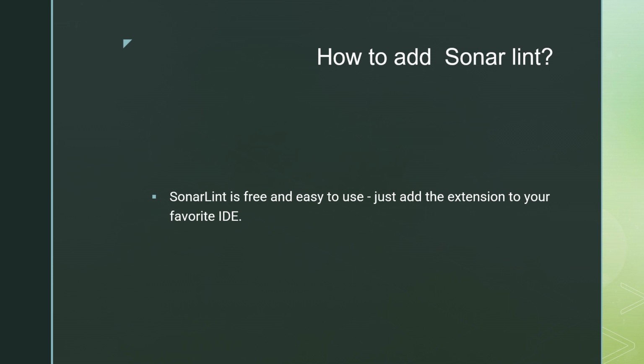Now I hope that you have got an idea of what SonarLint is and how it works. Now you need to see how we can add SonarLint in our IDE and how we can work with it. So for that, let me just open Eclipse.